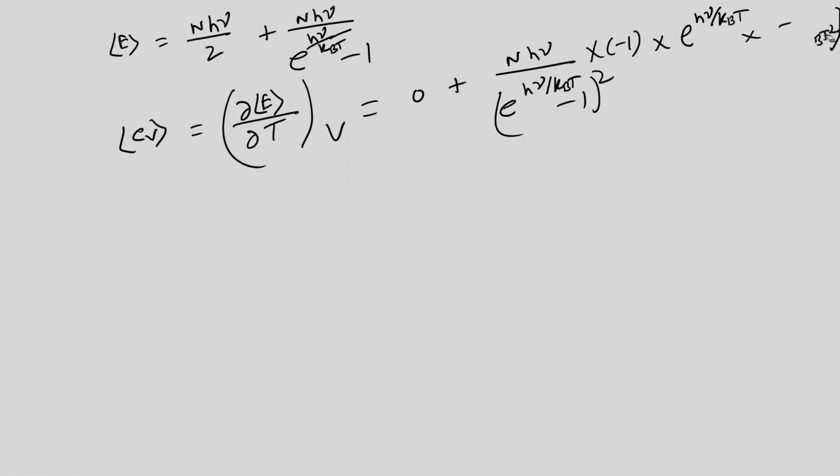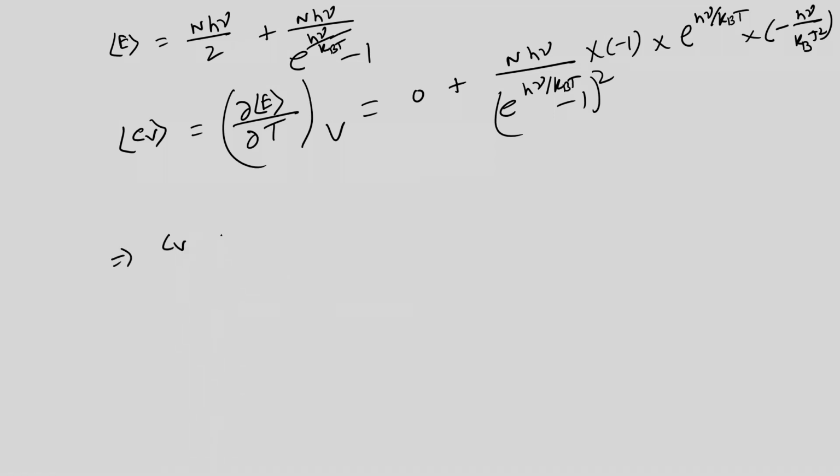So, if we differentiate the expression of E, the first term gives us 0, and the second term gives us n h nu by e to the h nu by k_B T minus 1 whole squared, times e to the h nu by k_B T, times minus h nu by k_B T squared.